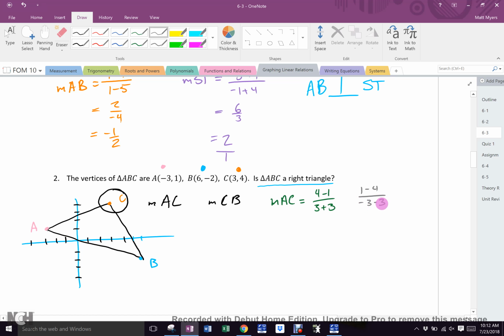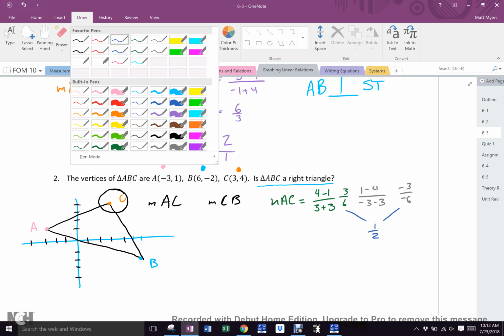Yeah, because what do they both give me? The same answer. 4 minus 1 is 3 over 6. 1 minus 4 is negative 3 over negative 6. Right? And would I ever leave that fraction that way? What is it? 1/2. So now I know the slope of AC.